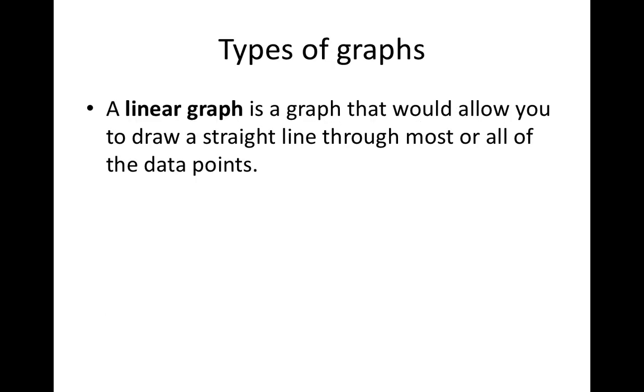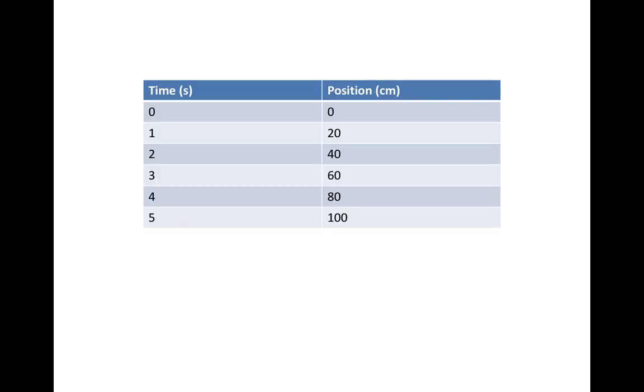Types of graphs that you'll see in this physics course is generally going to be a linear graph. A linear graph is a graph that will allow you to draw a straight line through most or all of the data points. So here's an example of a data table. We talked about position time data tables before.